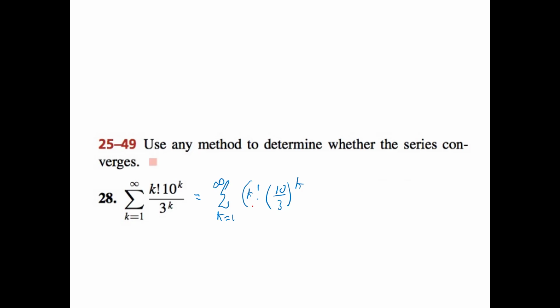And what you should see is that this goes off to infinity as k goes off to infinity, and this goes off to infinity as k goes off to infinity. So then by the divergence test, the limit as k goes off to infinity of a sub k does not equal 0, therefore it diverges.